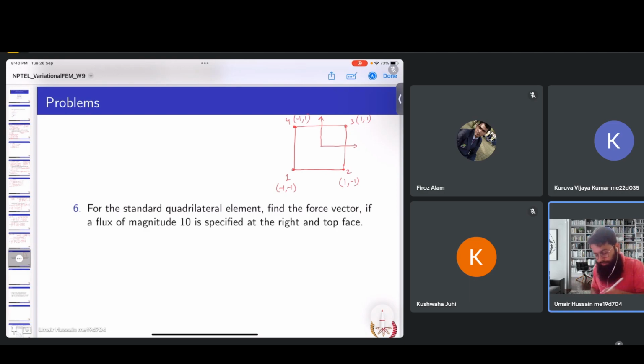So we need to evaluate the Neumann boundary term. So we are given qn.